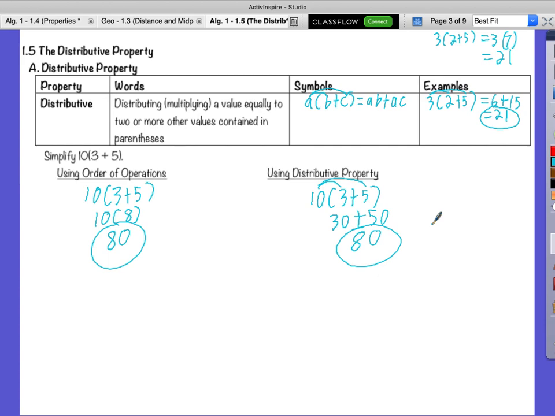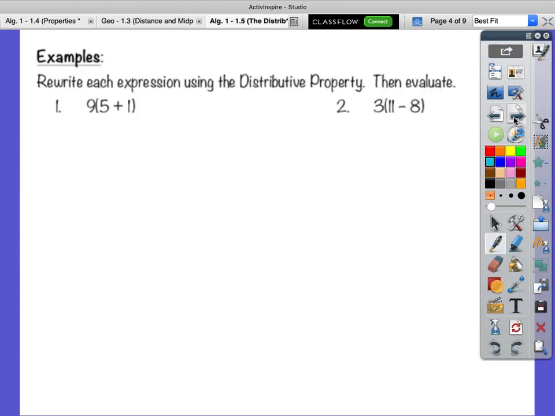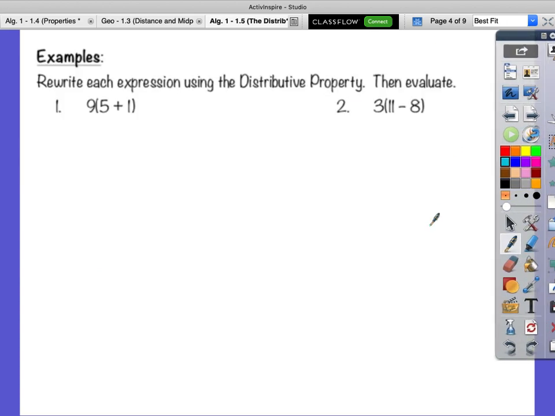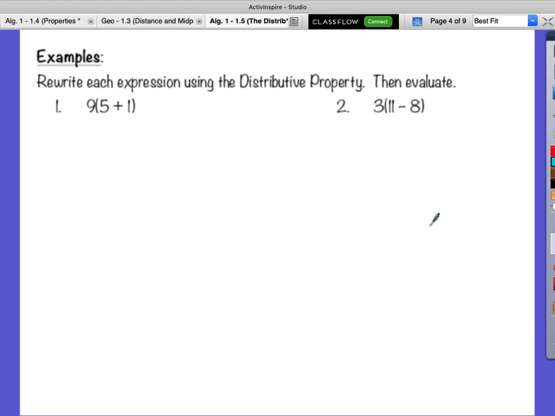Let's look right below this at some of these examples. It says, rewrite each expression, aka we're simplifying the expression, using the distributive property, and then we're going to evaluate. So we're going to distribute, then we're going to evaluate. Go ahead and do the first one on your own. When you're done or you have questions, raise your hand.